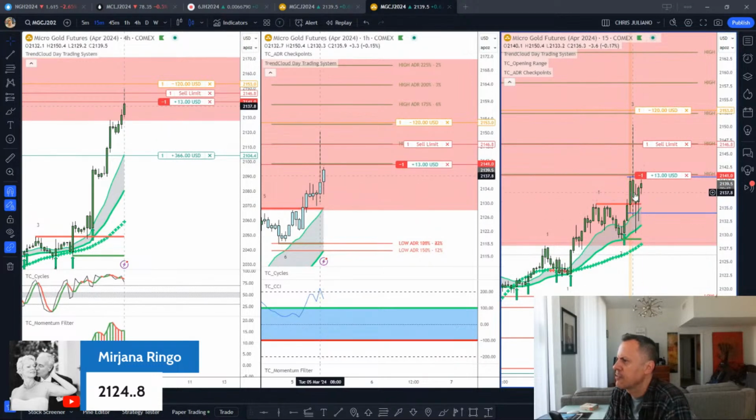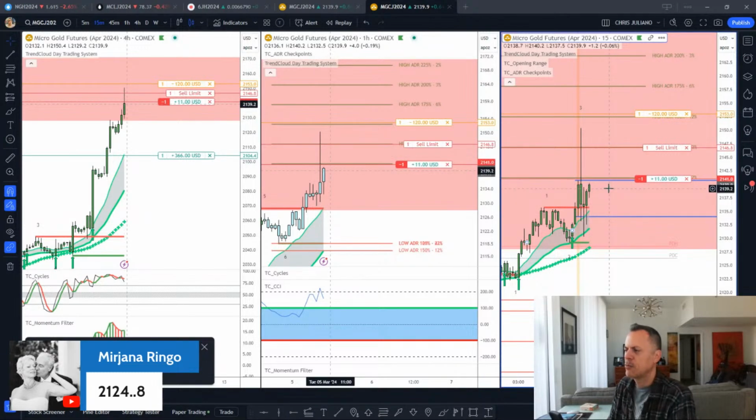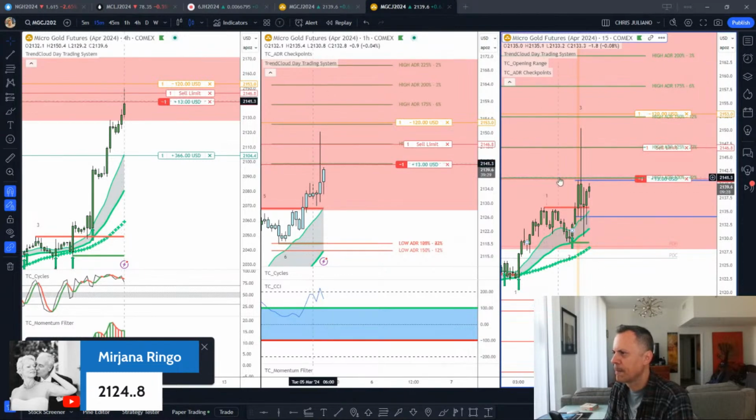And look at this rejection candle off of these ADR checkpoints, right, Mariana? So if you can scale out of the position, this is a great point right here, ADR checkpoint.